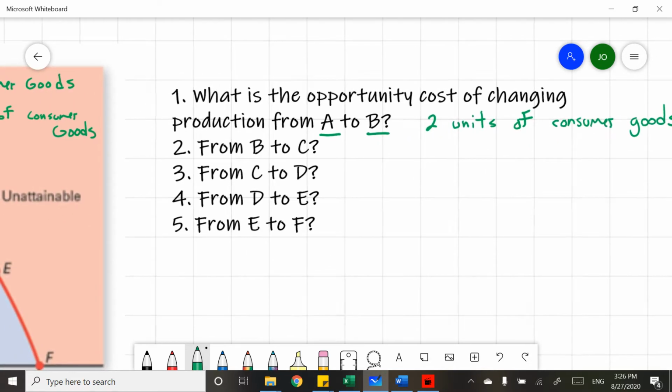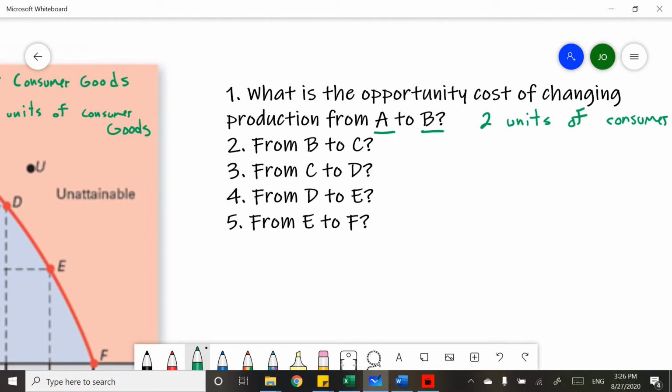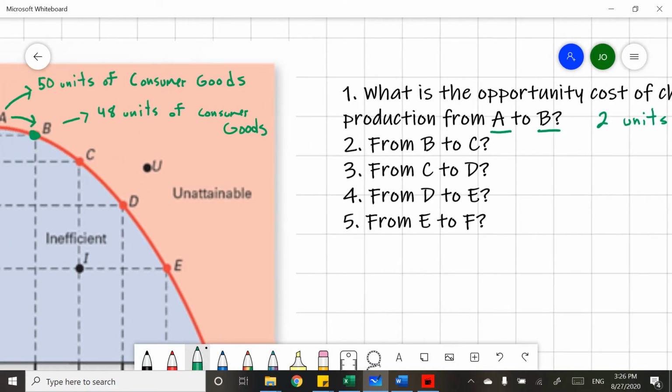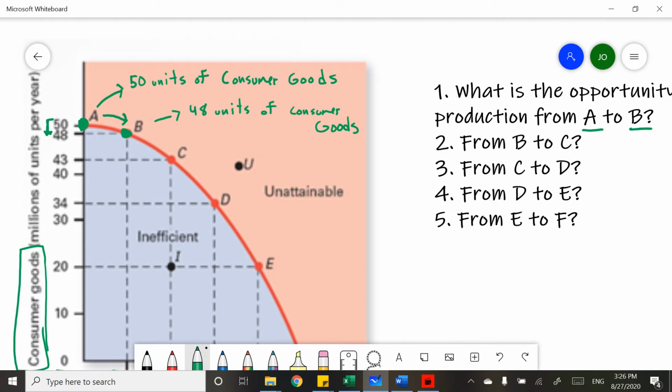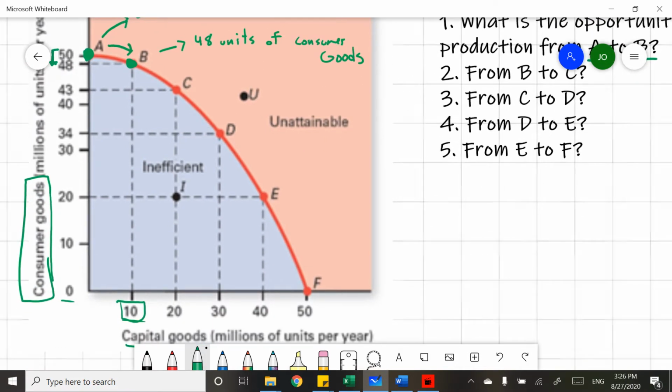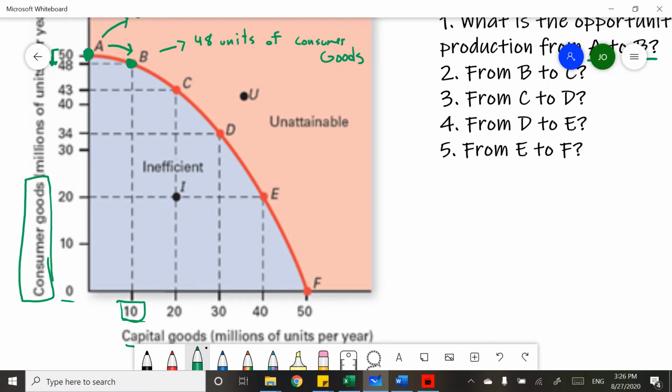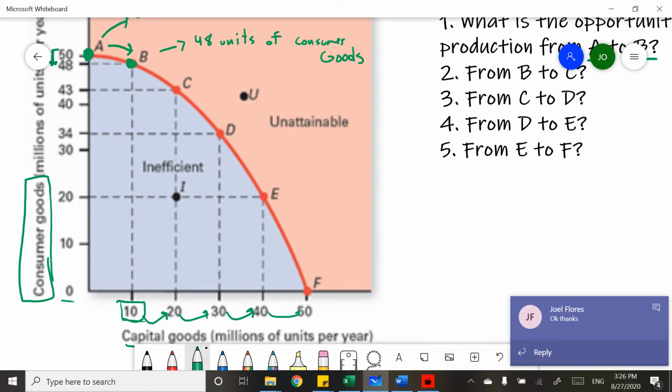Okay, so let's go ahead and quickly do number 2, number 3, number 4, and number 5. Now at each point, if you notice, from each point B, C, D, E, we are gaining 10 units of capital goods.